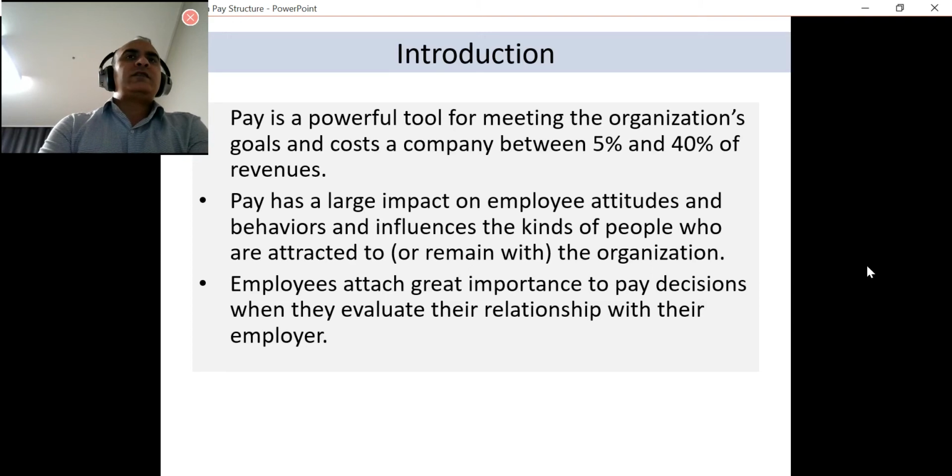So first of all, like I said, pay is a very strong tool, right? And we use it in order to meet the company goals. We cannot meet those goals if we don't pay accordingly to what we require. There's a very old saying that says, you pay peanuts, you get monkeys.